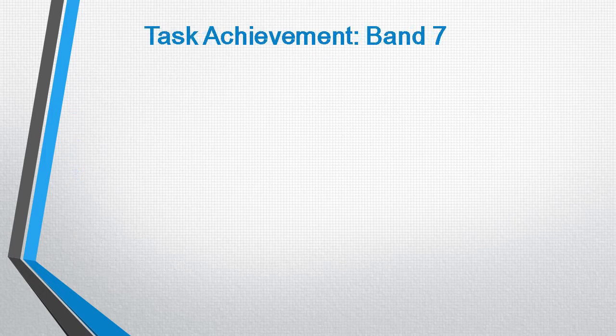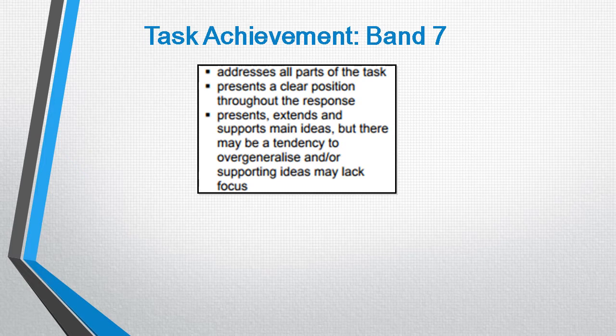And just to prove that point, here is the task achievement band criteria for a band 7. As you can see here, it says for a band 7 task achievement, there may be a tendency to overgeneralize. That means that occasionally you overgeneralize, making sentences like that.